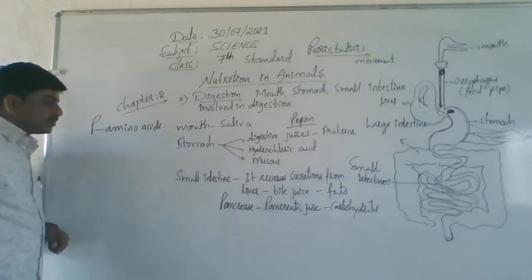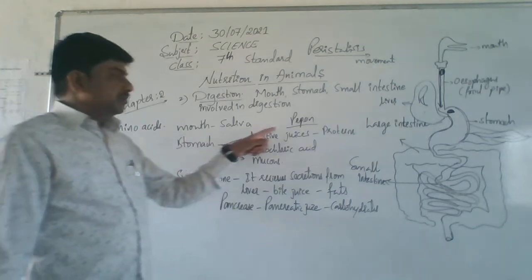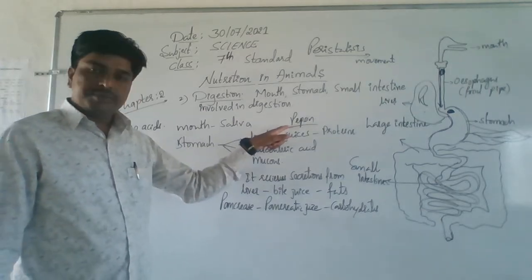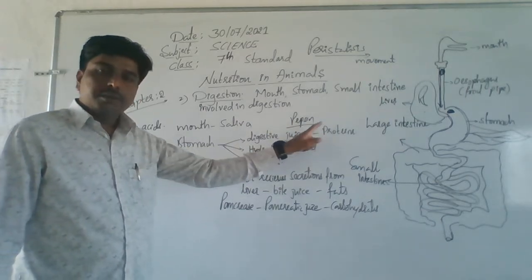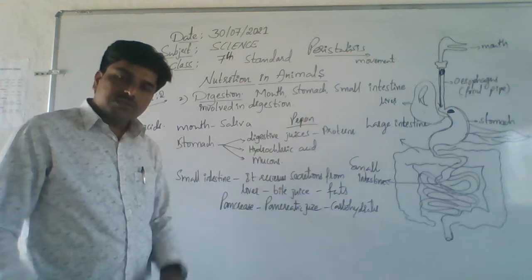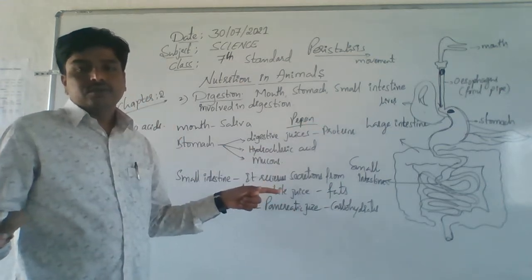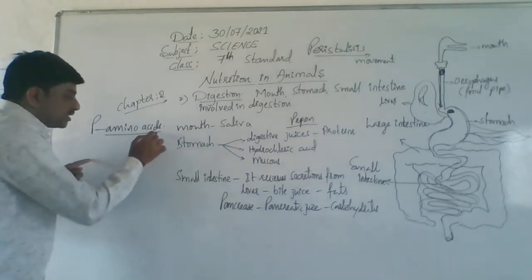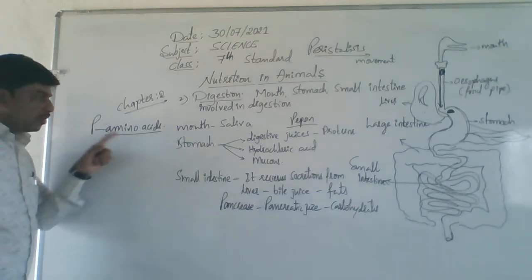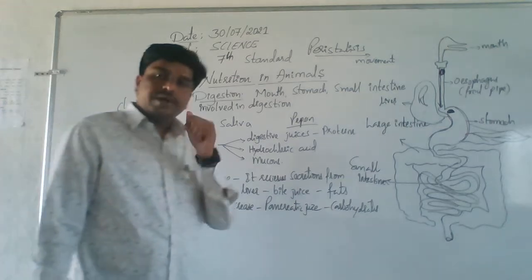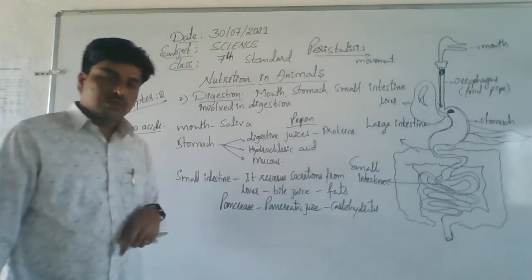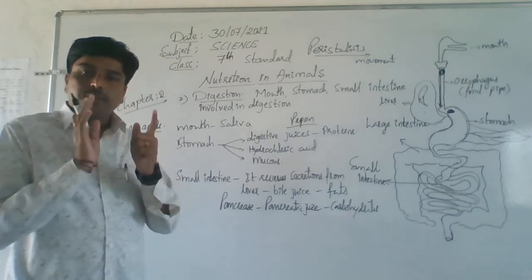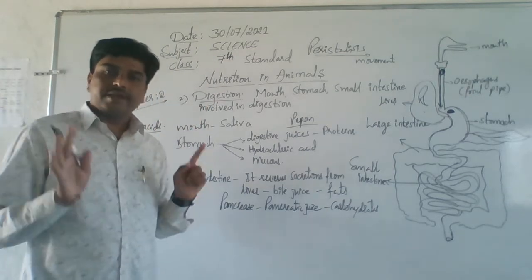These digestive juices secreted by the stomach, for example pepsin, help in the breakdown of proteins into simpler units. Finally they turn into amino acids, because proteins are made up of amino acids. So in the stomach, the breakdown of proteins takes place.